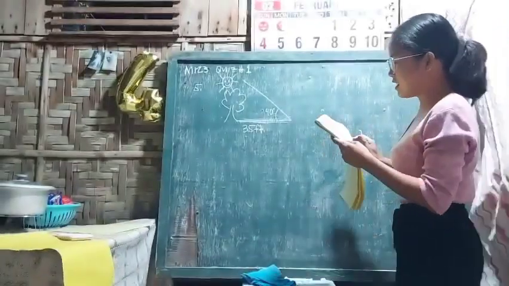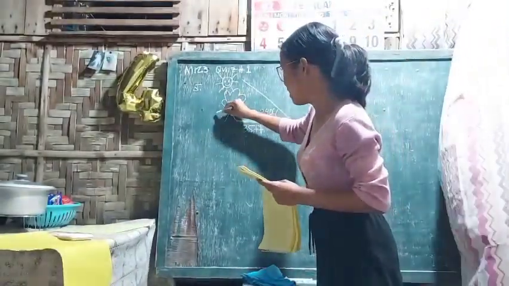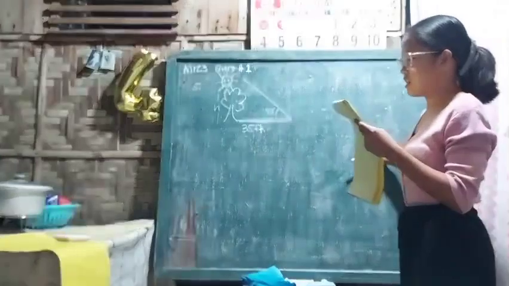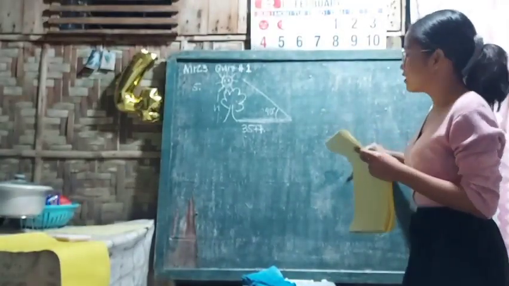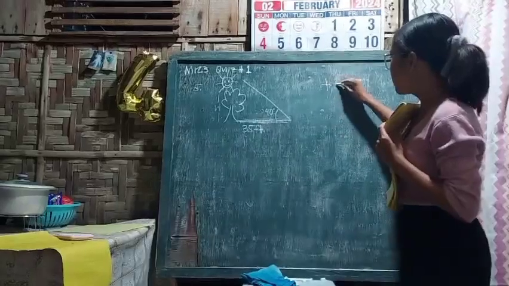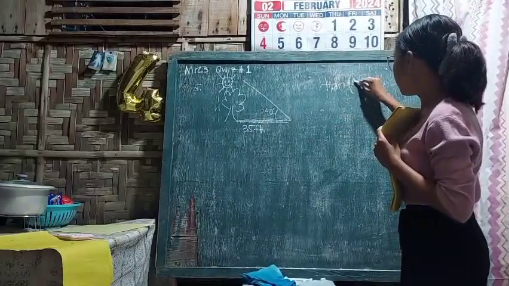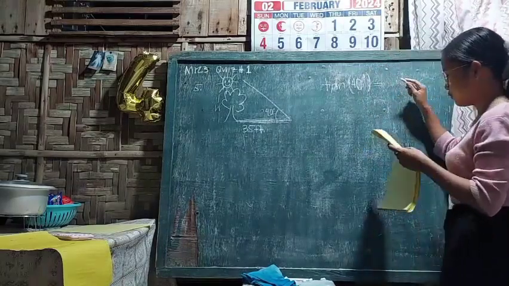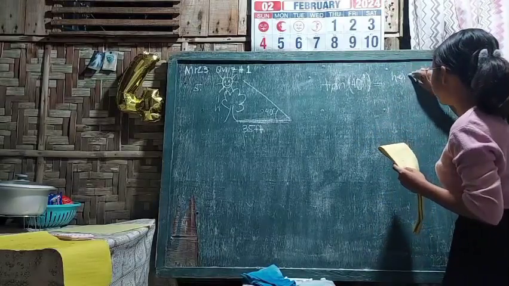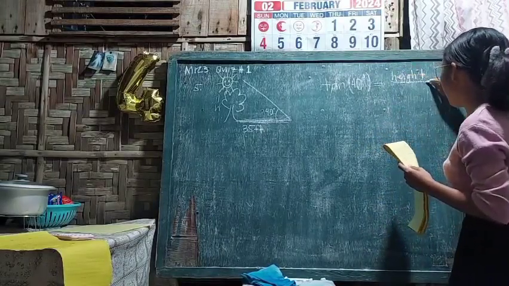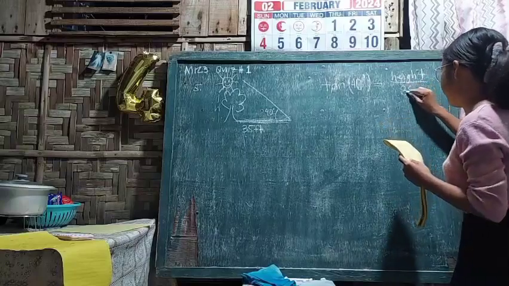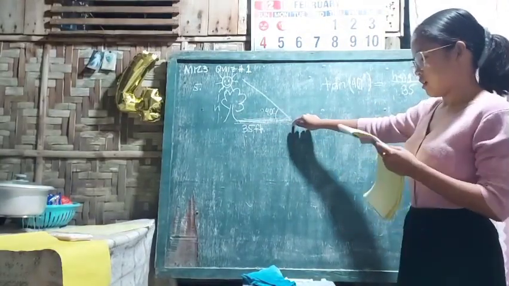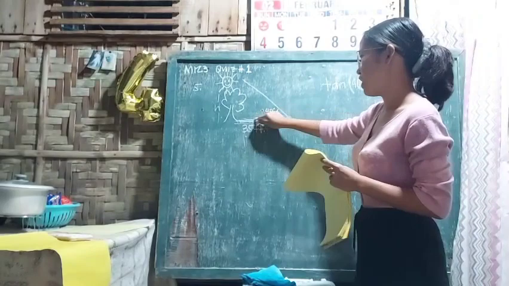So to find the height of the tree, we are going to use the formula tangent 40 degrees is equal to the height of the tree over 35, which is the length of the shadow.